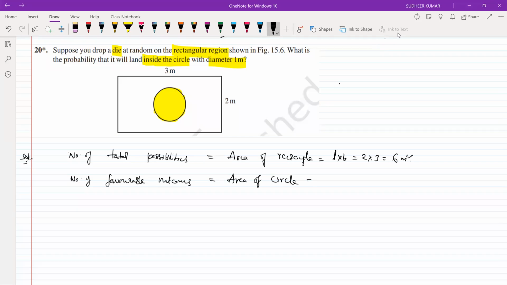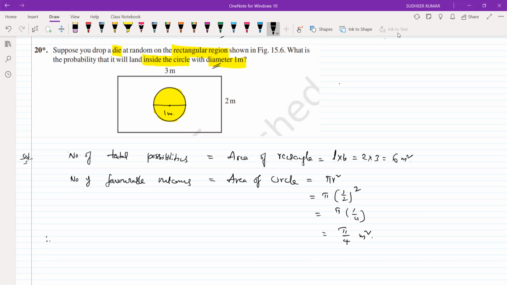Area of circle formula is pi r square. But here, if you observe, the diameter is given. Diameter is 1 meter, which means radius is 1 by 2, 0.5. So this is pi into 1 by 2 whole square, pi into 1 by 4. It is nothing but pi by 4 meter square.